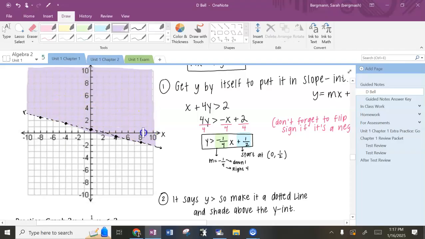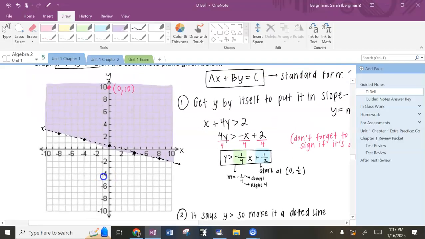Another way, if you're not quite sure which way to shade, is to use a test point. Here's what that would look like. You can pick any point. Let's just pick this point 0, 10. So my x is 0, my y is 10.